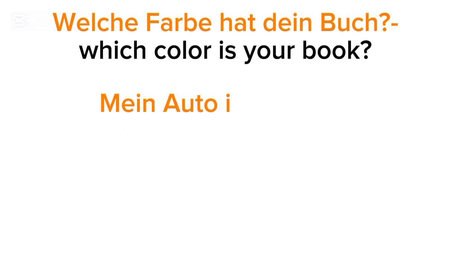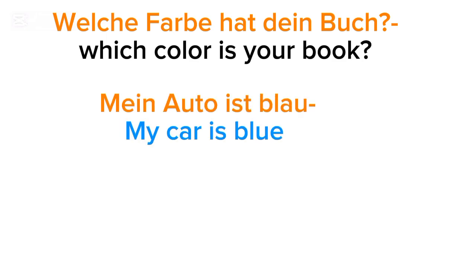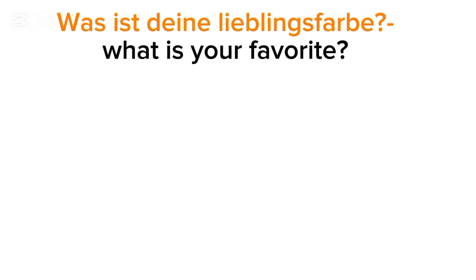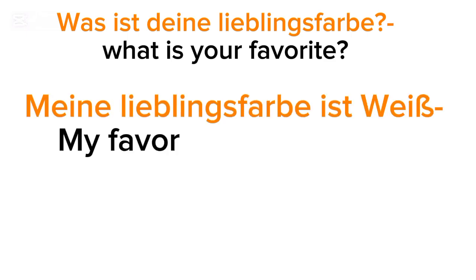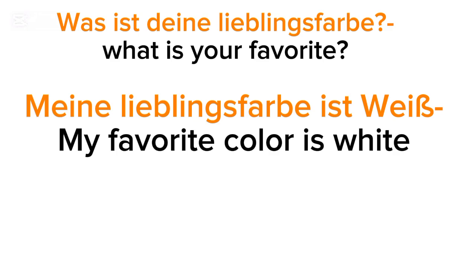So, mein Auto ist blau. Mein Auto ist blau. Was ist deine Lieblingsfarbe? What's your favorite color? And if you have your favorite color, you just respond by saying, meine Lieblingsfarbe ist weiß. Okay?